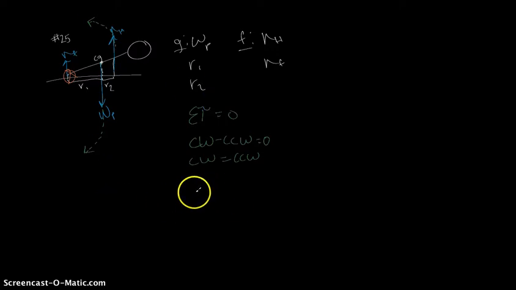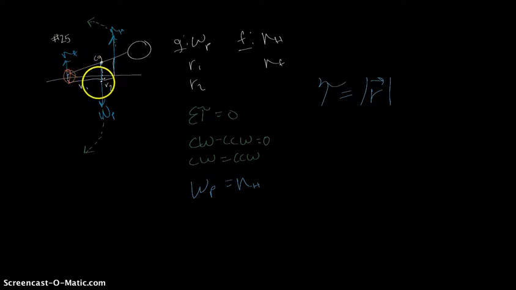So the clockwise would be the weight of the person, which is going to equal the normal force of the hands. At this point, we have to rewrite weight of the person and normal force, because torque, in general, is going to equal R, which is the distance from the axis of rotation to where the force is applied. So this is where the force is applied, here's the axis of rotation.